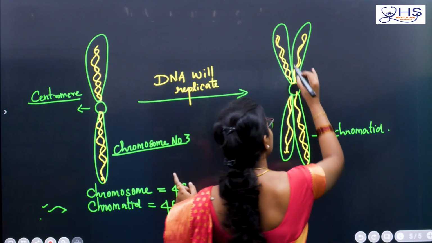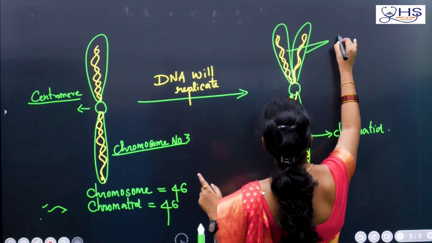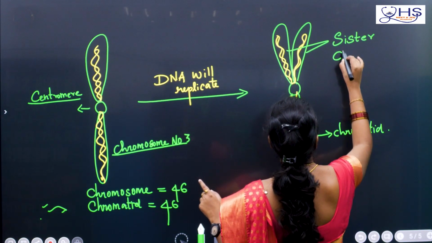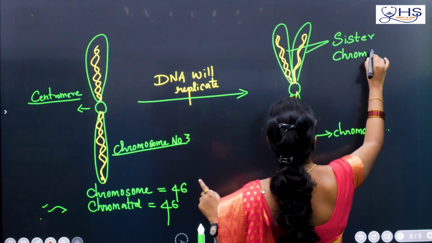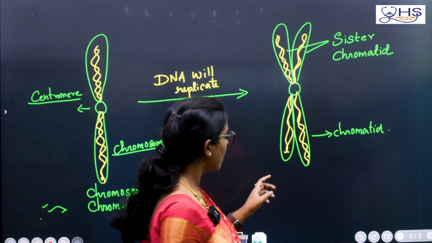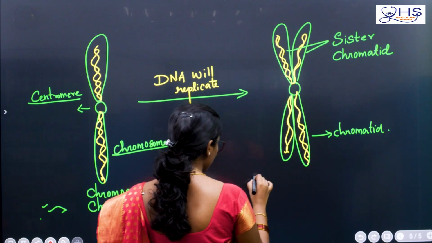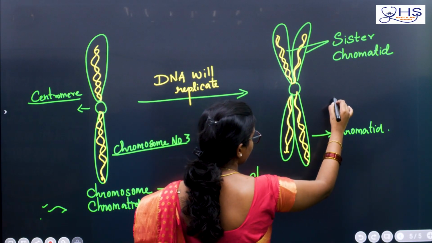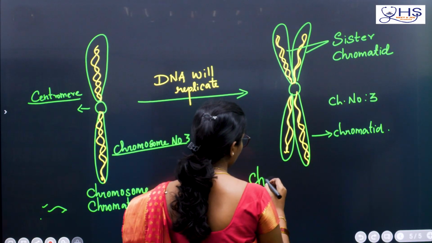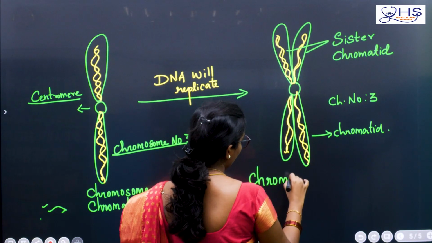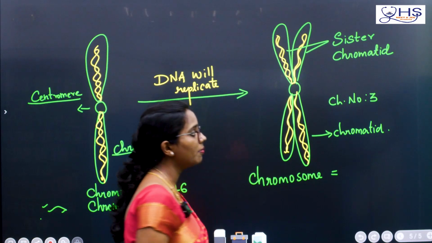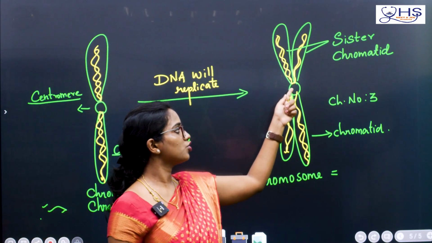So we can call these two chromatids as, any guess? Yes, sister chromatids. And here we can count the chromosome number. The same chromosome number 3 we have taken, it got doubled. So the chromosome number will be counted with the number of centromeres.